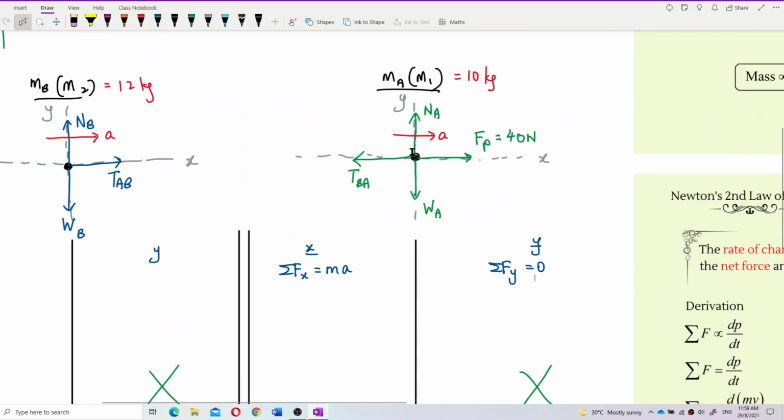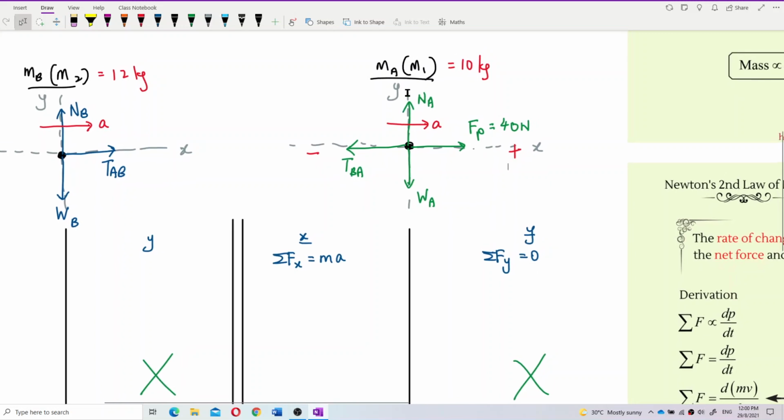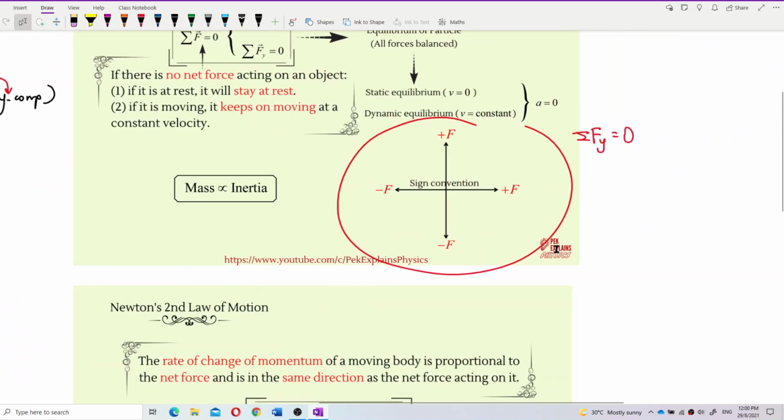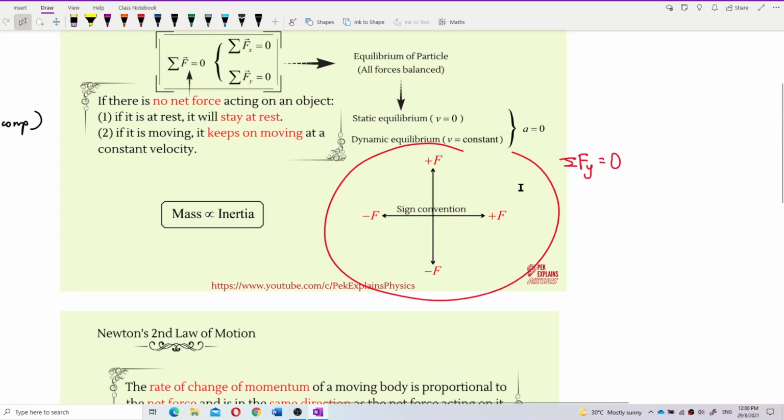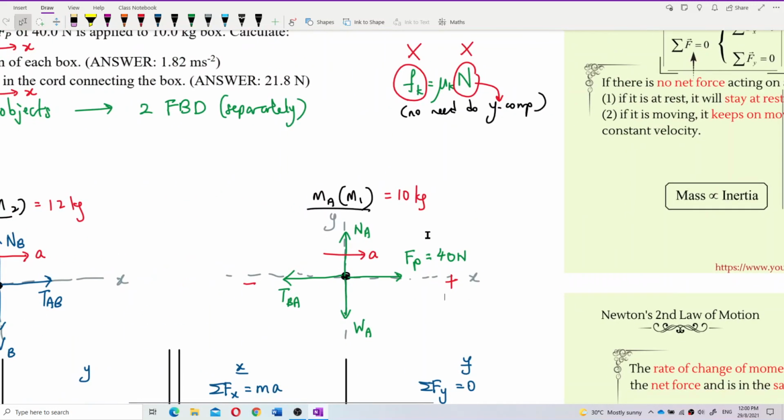So to the right is positive, to the left is negative. But for the y component, no acceleration to compare. Y component is total Fy equal to 0, so just put going up positive, going down negative.